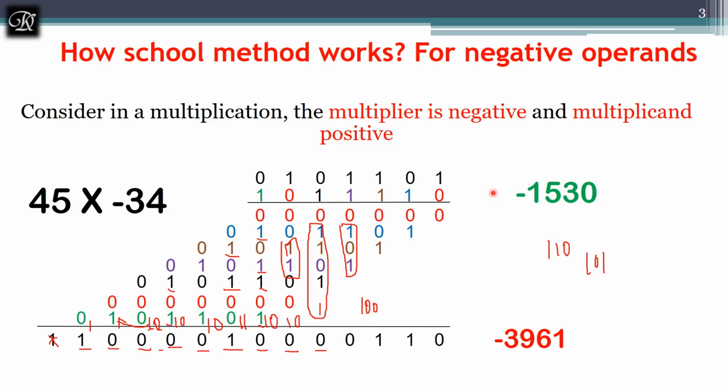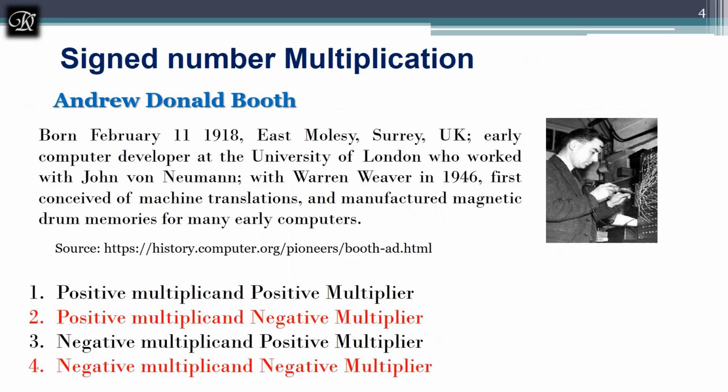So how to get this? How to get the correct answer when you are performing a signed multiplication? The signed multiplication solution is given by Andrew Donald Booth, who is from the UK, and he worked with John von Neumann.